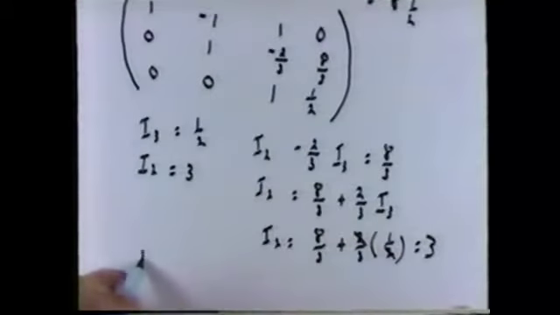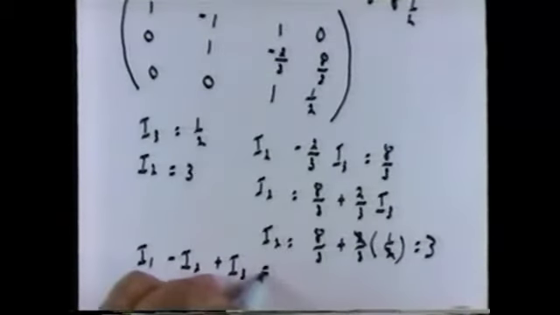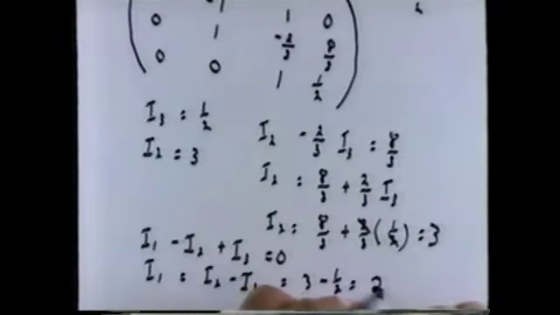I1 minus I2 plus I3 is equal to 0. So I1 is equal to I2 minus I3, which is equal to 3 minus 1/2, which is 2 1/2.